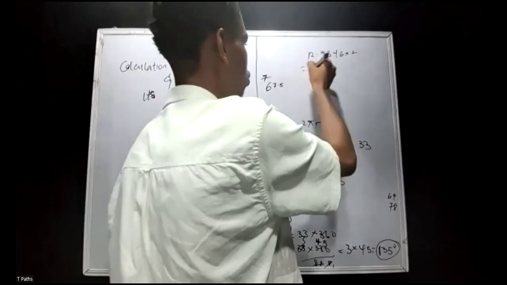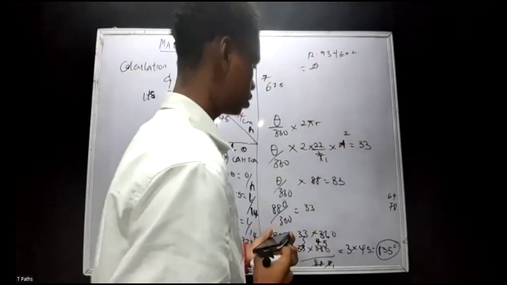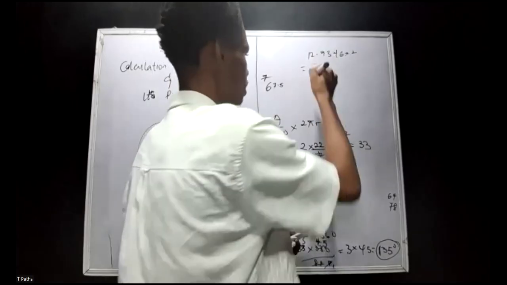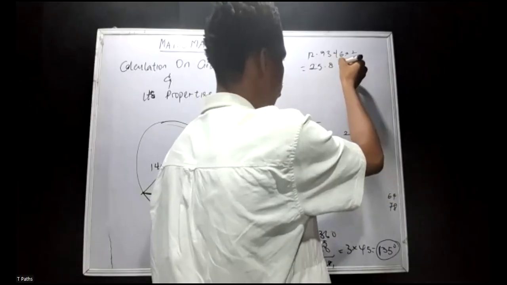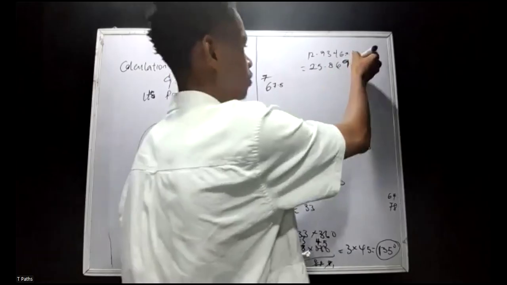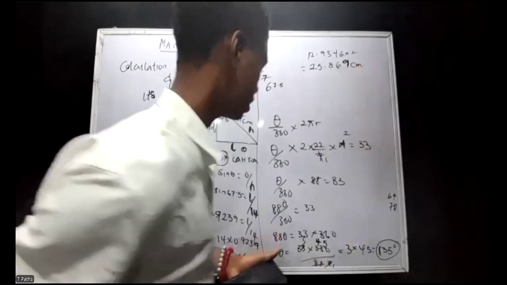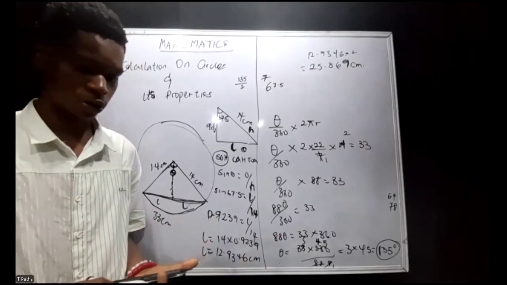If I multiply this by 2, I'll have 25.8692. I will prefer to leave this in 3 decimal place, and I have 25.869 centimeter. That is the length of this chord. So if you have questions, you can ask before we move on to the next question.